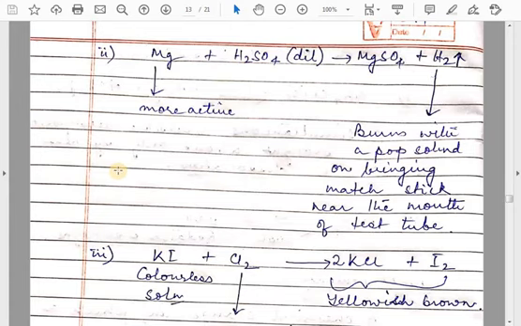Second case, in a test tube, dilute sulfuric acid is taken and drop a small piece of magnesium ribbon. A brisk effervescence takes place and hydrogen gas is evolved, which burns with a pop sound on bringing matchstick near the mouth of the test tube, and magnesium sulfate is formed.